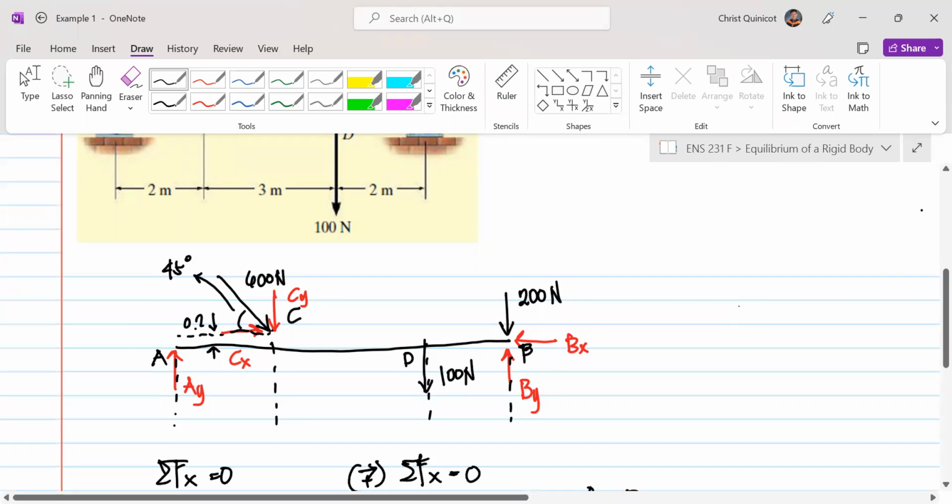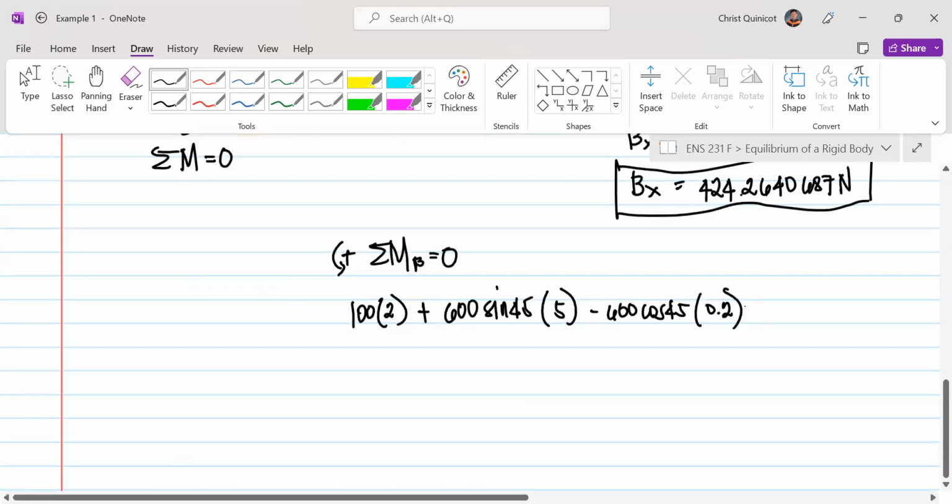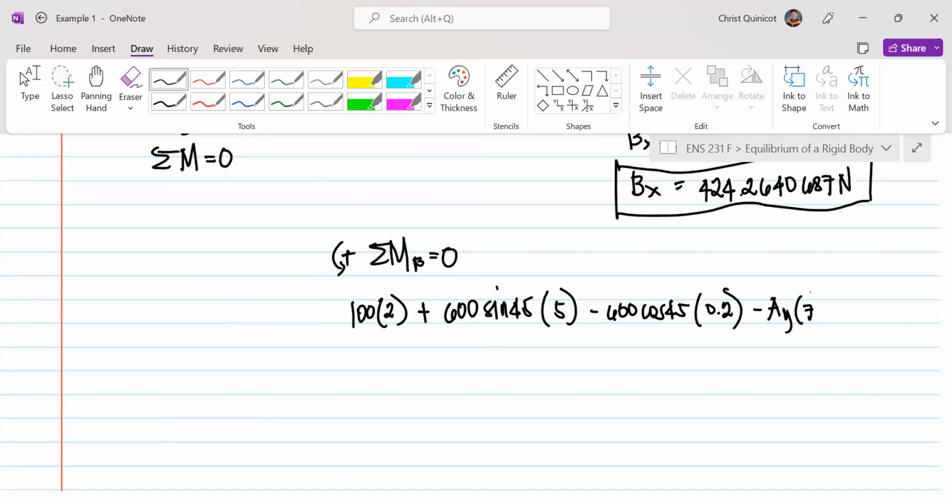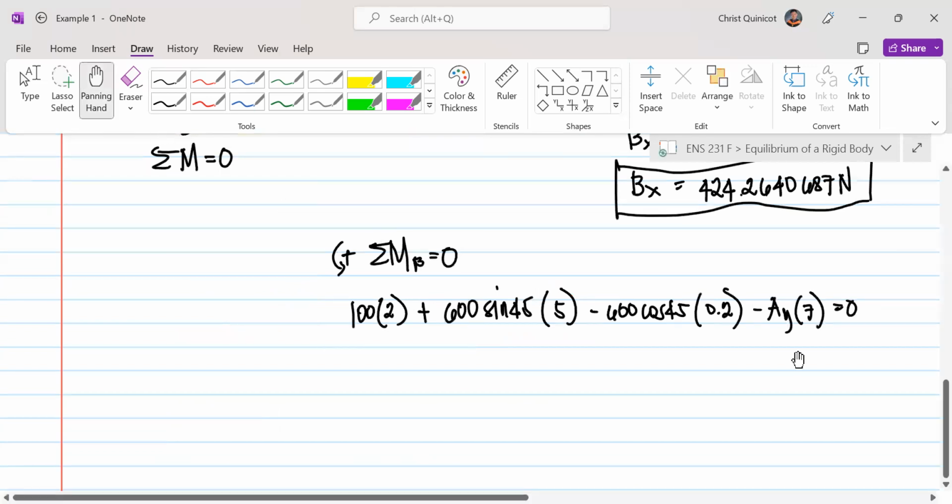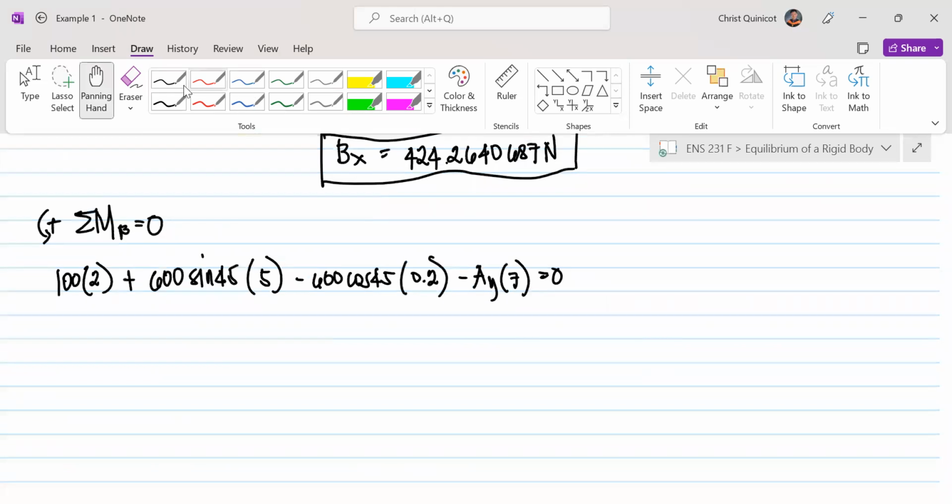Now you might notice we did not consider 200 Newton because the line of action of our 200 Newton force, together with B sub Y and B sub X, passes through point B. And then this is minus A sub Y times 7 is equal to 0. So A sub Y will become positive because I will transfer it to the other side.